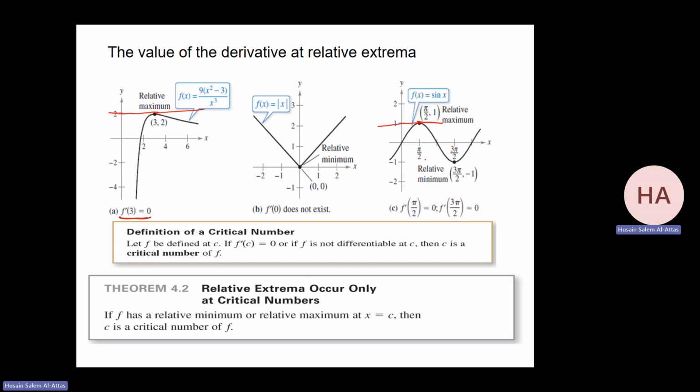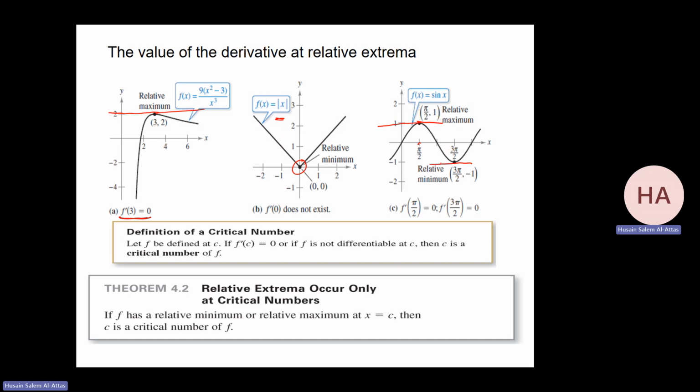So I have f prime at this point equal to 0. And the same thing here. I have a horizontal tangent line. So f prime at this point is equal to 0. Not only that, in the absolute value of x case, f prime at 0 does not exist, but still this will be a relative minimum.